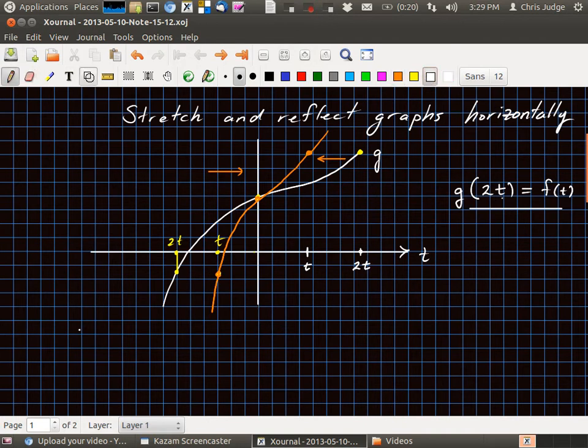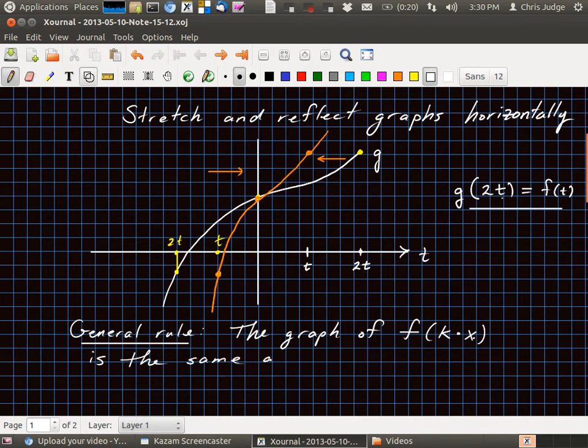So the general rule, which you should remember, is that the graph of f of kx, where k is some positive number, is the same as the graph of f of x, but stretched horizontally by a factor of 1 over k.